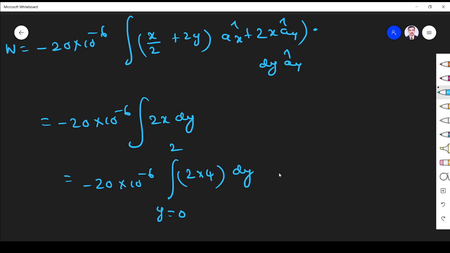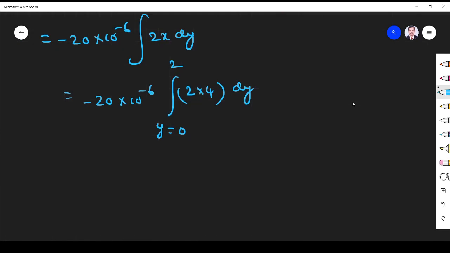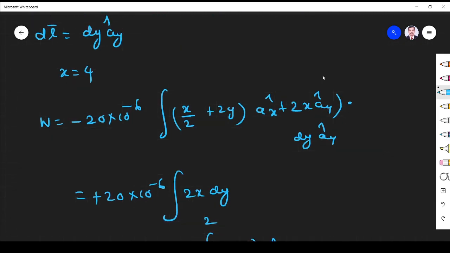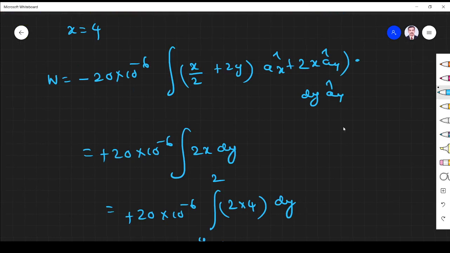Now if you integrate simply, we will get the work done to move a charge from 400 to 420, which is just 320 microjoule. It's plus, right? Minus 20, so it is plus 20. Okay, so 320. The equation is minus of q, so q is minus 20, so it will become plus 20, right? So here 320 microjoule, here 80 microjoule, right?